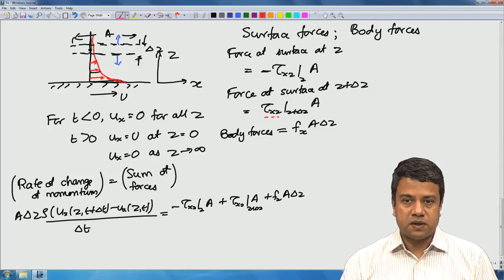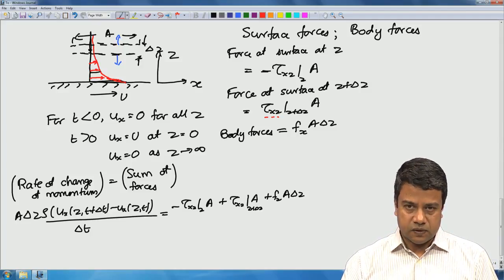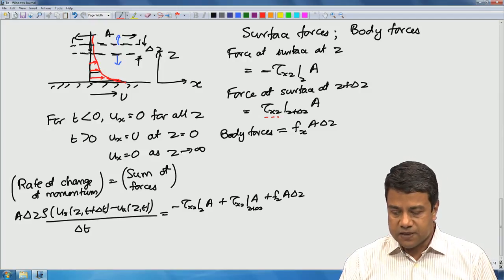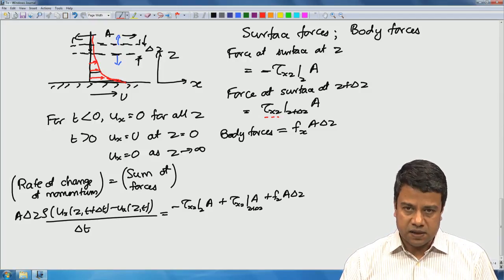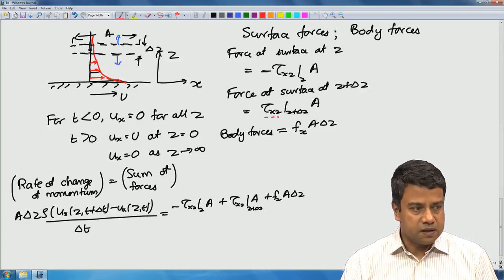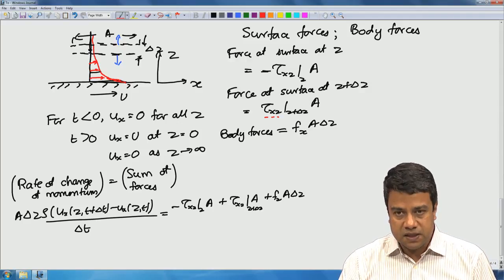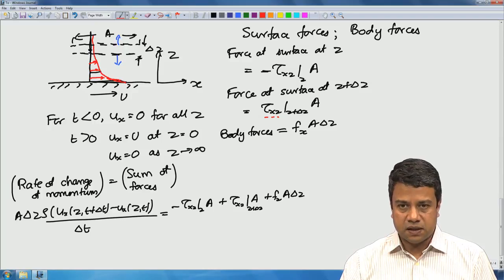The x corresponds to the direction of the force. The second is the direction of transport. That x momentum is being transported in the z direction, just as we had mass and heat transport in the z direction in the previous problems that we had solved. In this case, the x momentum is being transported in the z direction.